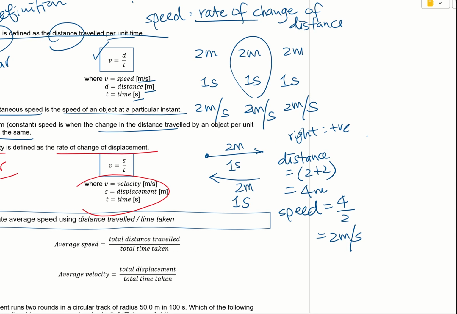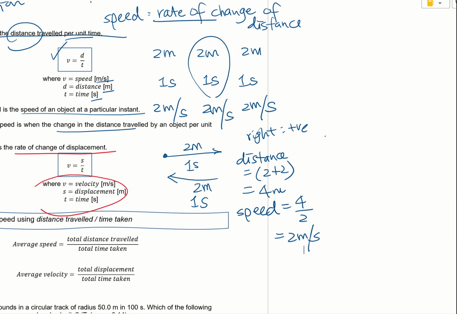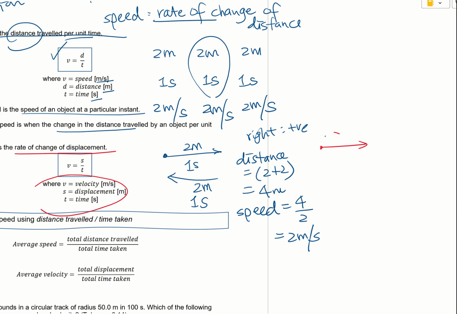Now, if I were to do my calculation for velocity, okay, so it traveled 2 meters going to the right, so we take it that it's positive, and time is just time, right? So there's no positive, negative. You can't go back in time. And having the object move back to the starting point, you will have traveled negative 2 meters, right? And he will do it in 1 second.